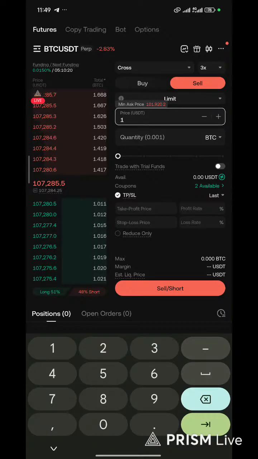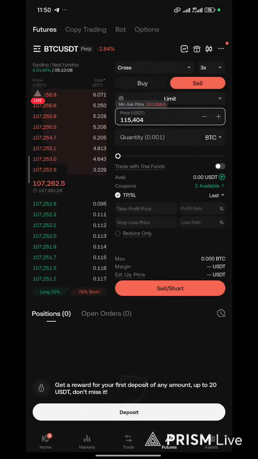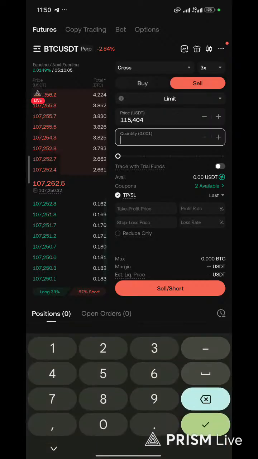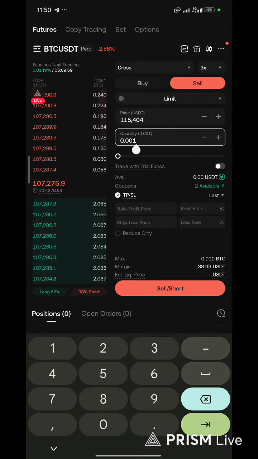You set the price to be what? I told you that the price is 115,404. For the quantity, you're going to select order by value. That's the price.